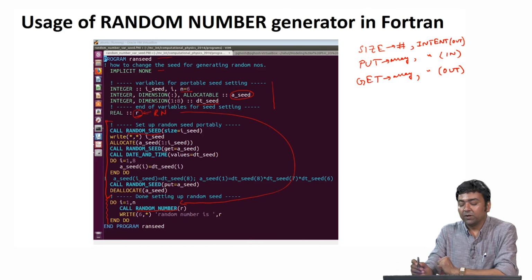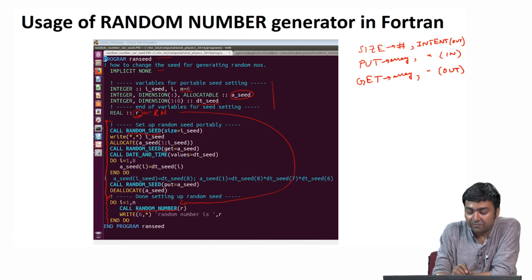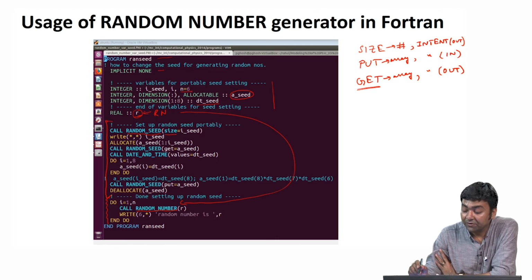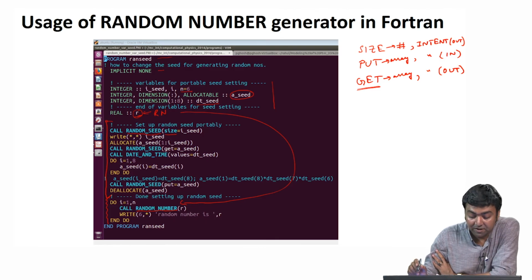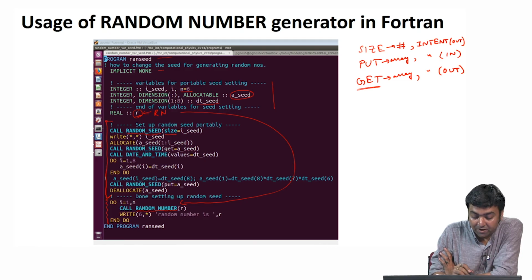So, first what I do is I inquire from the random number using this size declaration what is the size of the array, which is basically storing the present set of numbers used as integer seed.